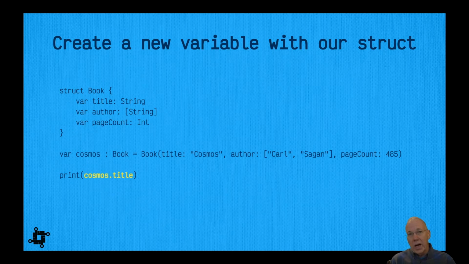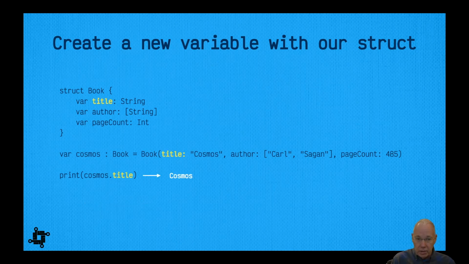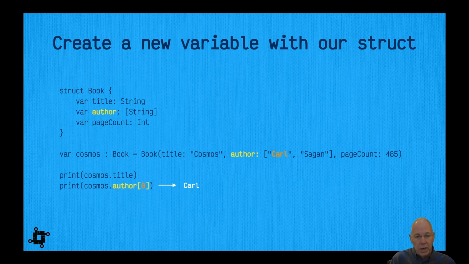So now if we want to access an element of the struct, it's a little different syntax than we did with dictionaries. It's with the dot notation. So basically, if I want to print out the title associated with cosmos, I print the name of the variable followed by the dot and then followed by the property. This is the property here. So when we do that, we end up with Cosmos printing out. So here's another one. This is the property author.